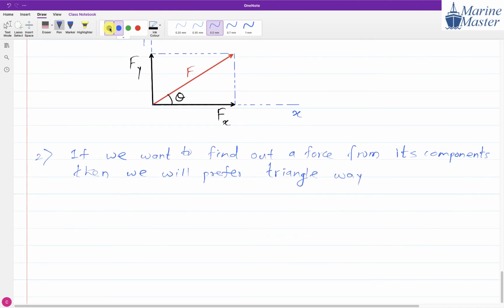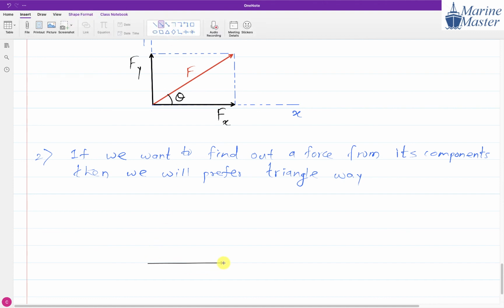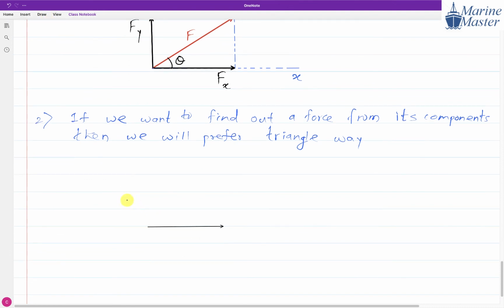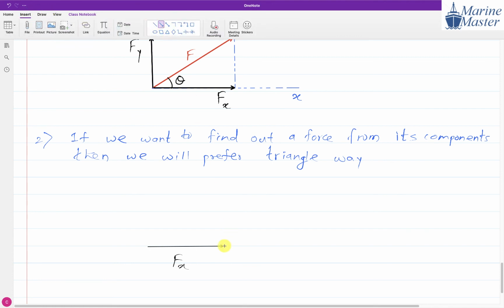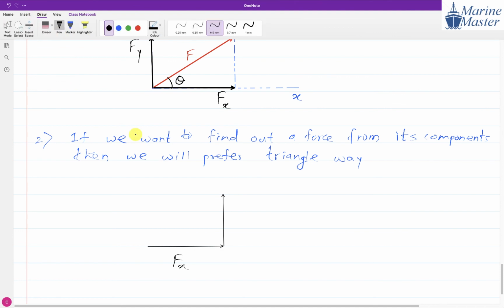Suppose we have Fx. Just observe the things here carefully. So this is our Fx. And then we will draw Fy. You are getting my point?